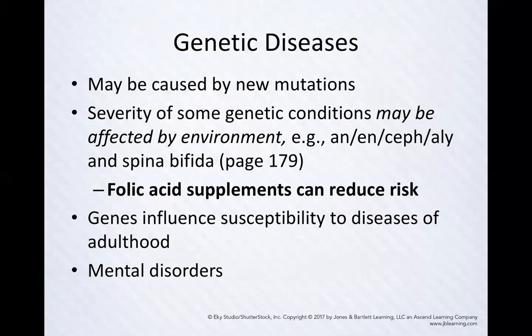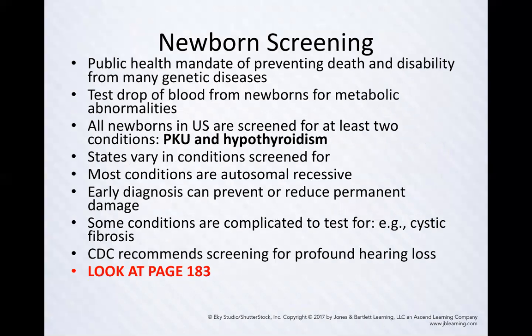Folic acid supplements can actually reduce the risk of one of these genetic conditions. That's the reason why women take folic acid supplements during pregnancy. There are some things that can influence that, and it could be one of these things that can be prevented. So look at page 179 and read up on that.